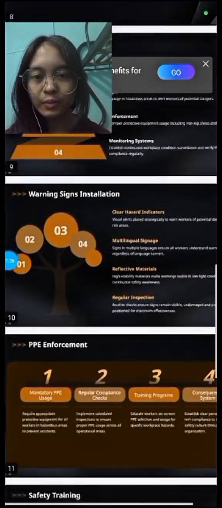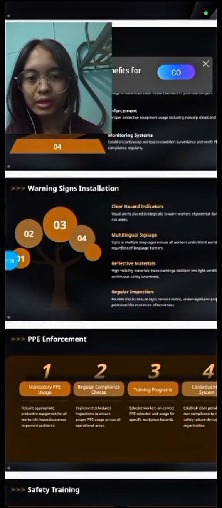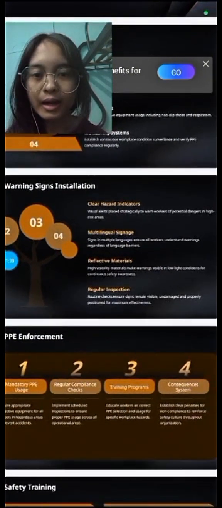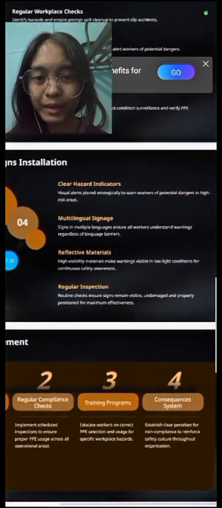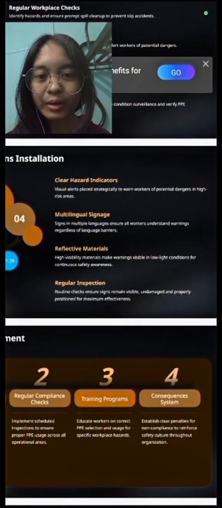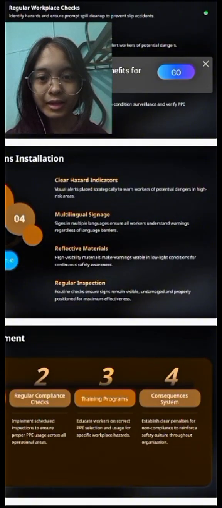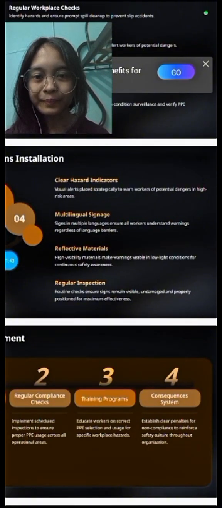Next slide is warning signs installation. This warning sign is a clear hazard indicator, which is a visual alert placed strategically to warn workers of potential danger in high risk areas.